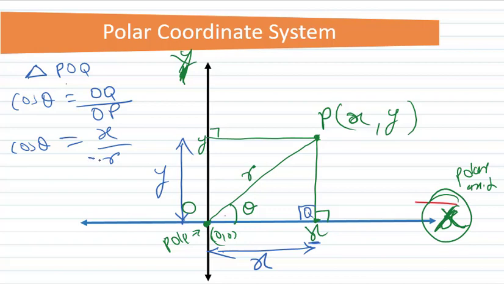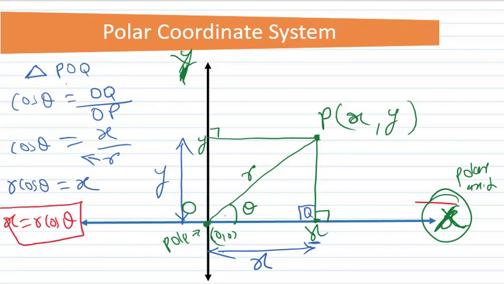Got this? So what will I get? I will transfer this r to the left-hand side. I get r cos theta equals x. That means I can write x equals r cos theta.